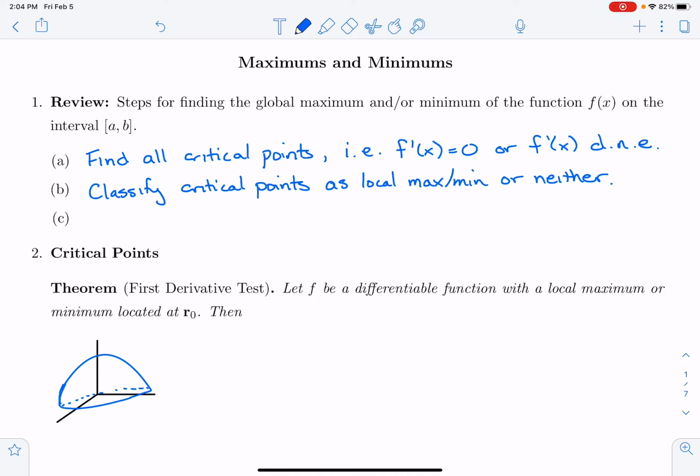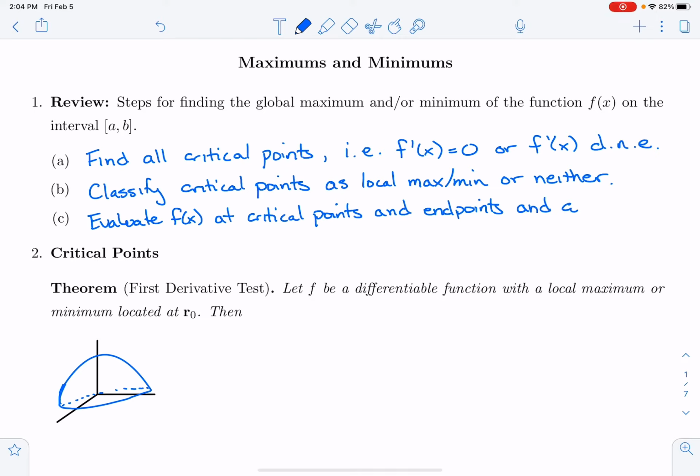Finally, we're going to evaluate f of x at critical points and endpoints and compare values to find global maximums or minimums.